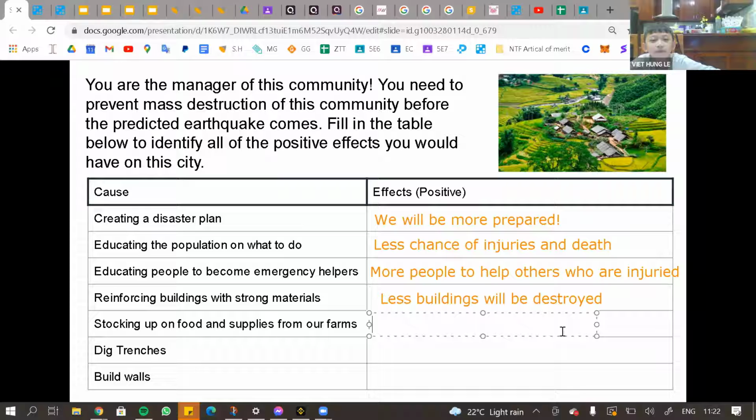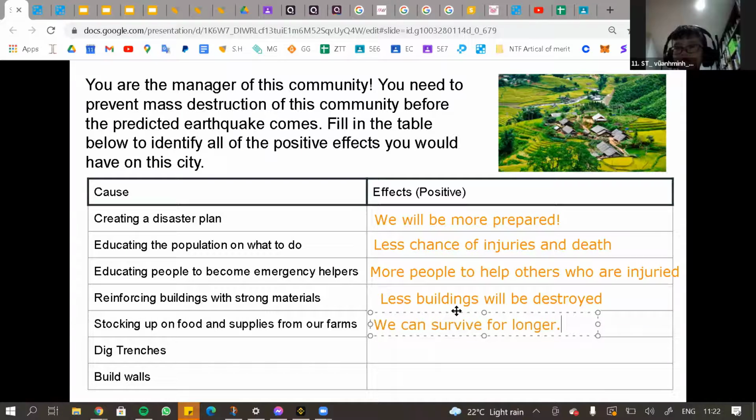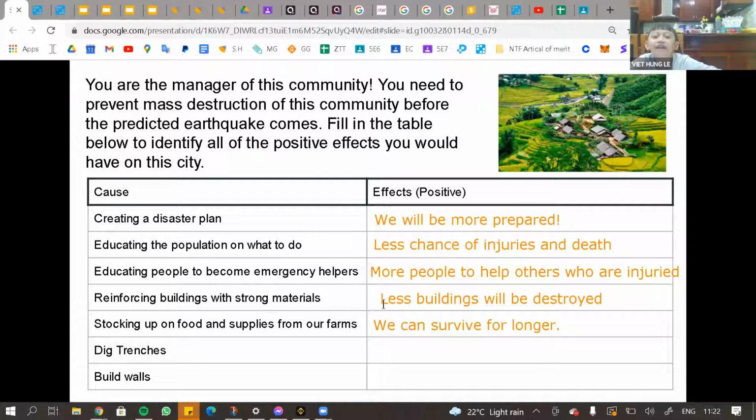Yeah, good. We can survive for longer. If we get trapped somewhere because of an earthquake, we might not know how long we're trapped for, so it's good to have lots of supplies.